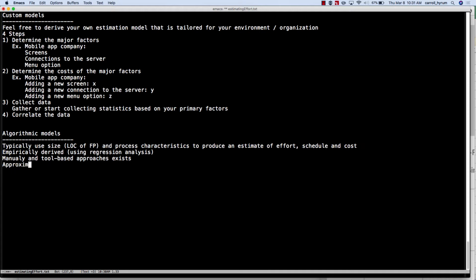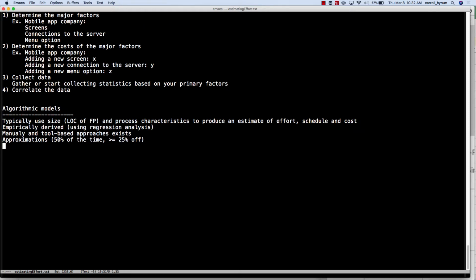These are approximations. Studies have found that 50% of the time they're greater than or equal to 25% off, and that's even after calibration.